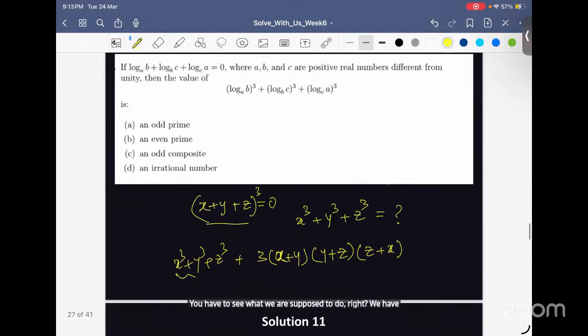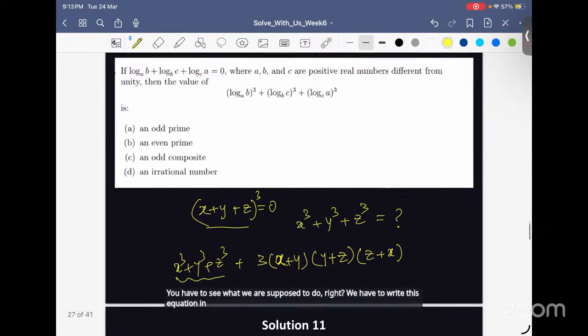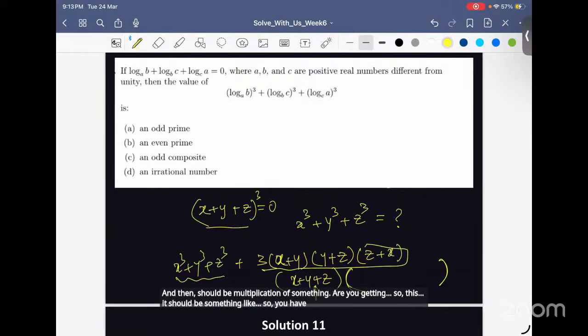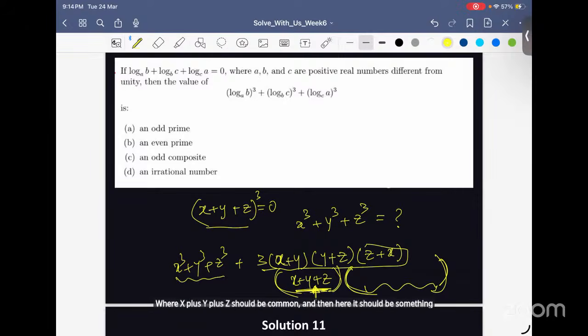We have to write this equation in terms of something like x plus y plus z, so that this will become 0. That's why it has been given. You have to expand this and write it in this form, where x plus y plus z should be common, and then 0 will get multiplied with this.